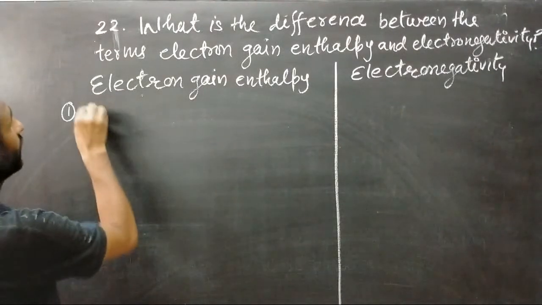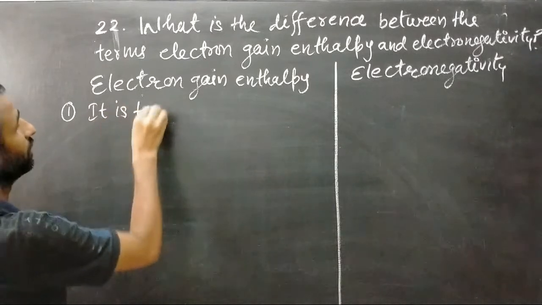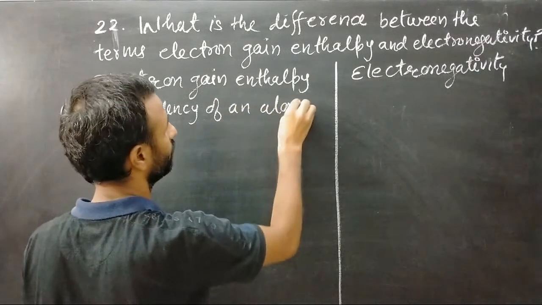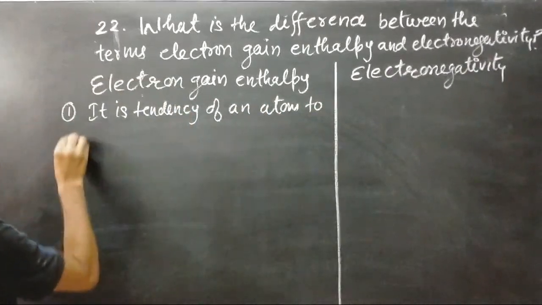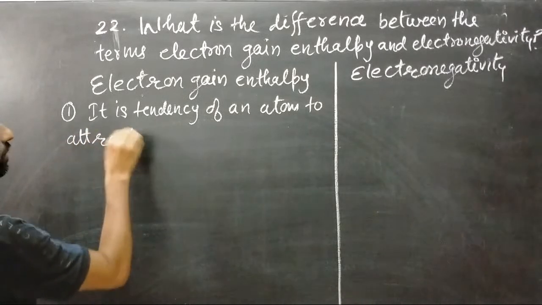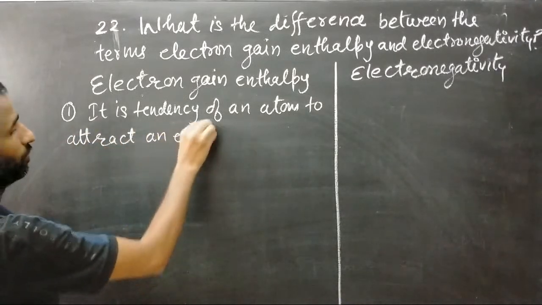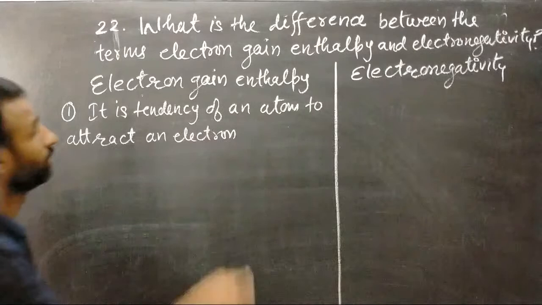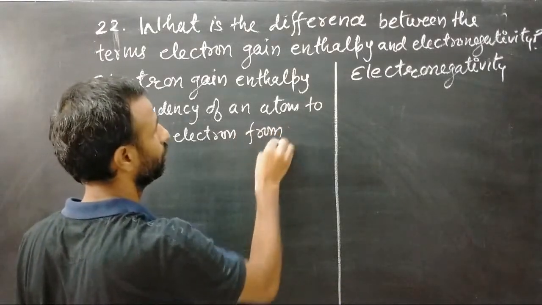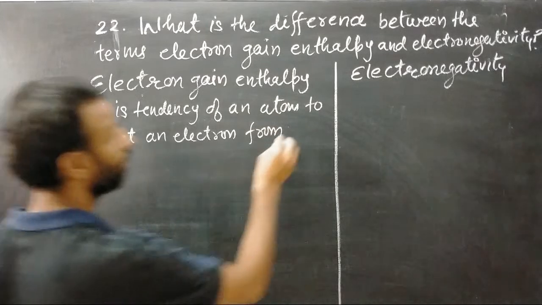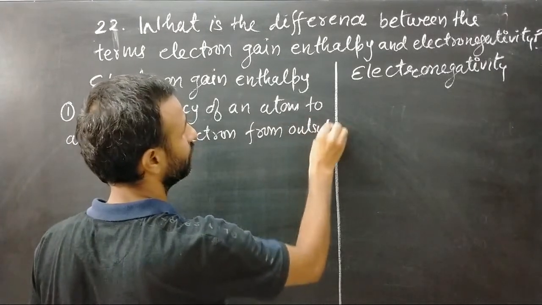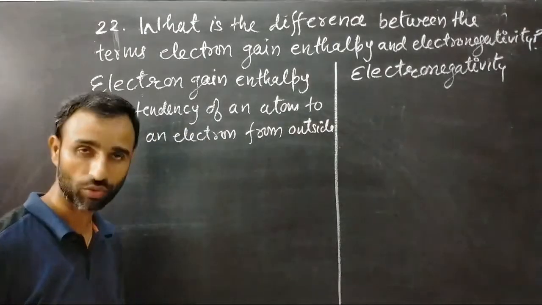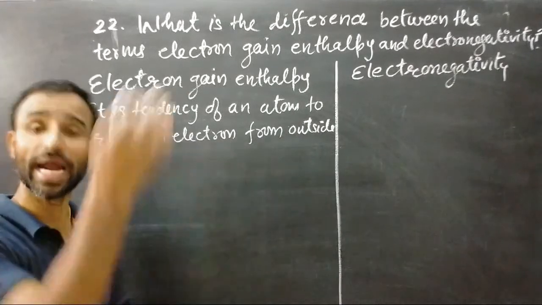So electron gain enthalpy is the tendency of an atom to attract an electron from outside, because the electron is added to it.